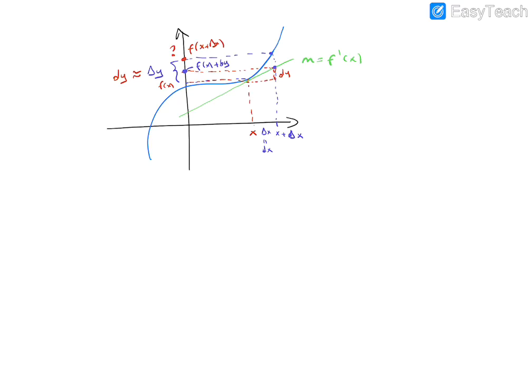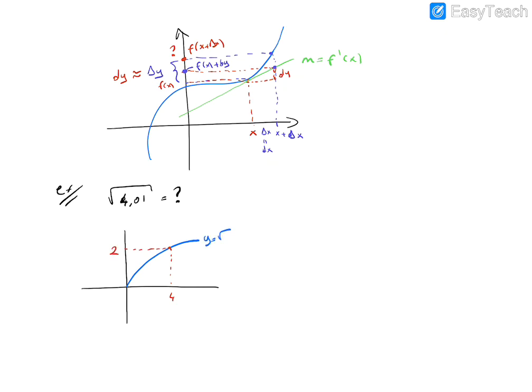let's write an example. We try to approximate the square root of 4.01. I don't know what this value is, but I know the square root of x function graph. This is the square root of x function graph. At the point 4, I can easily calculate this value, which is 2.